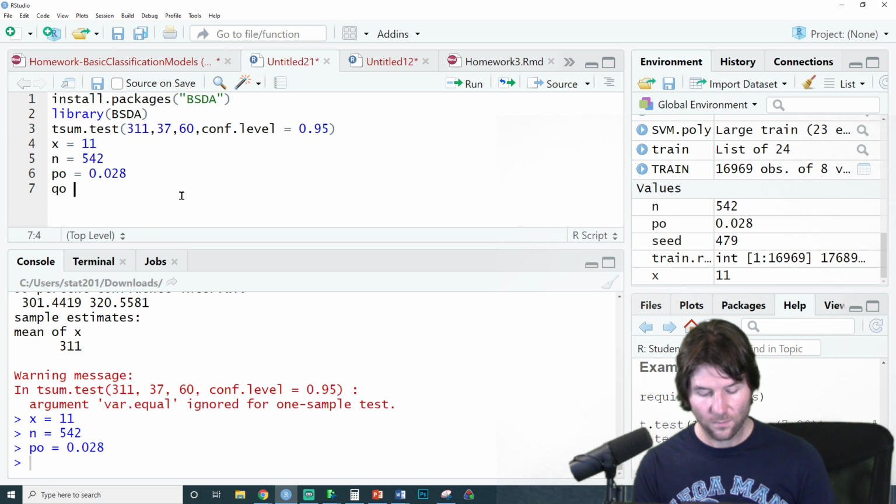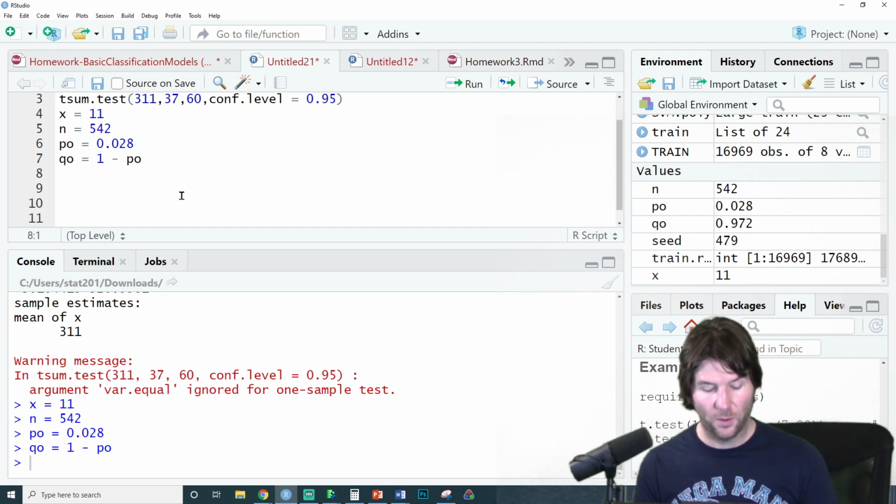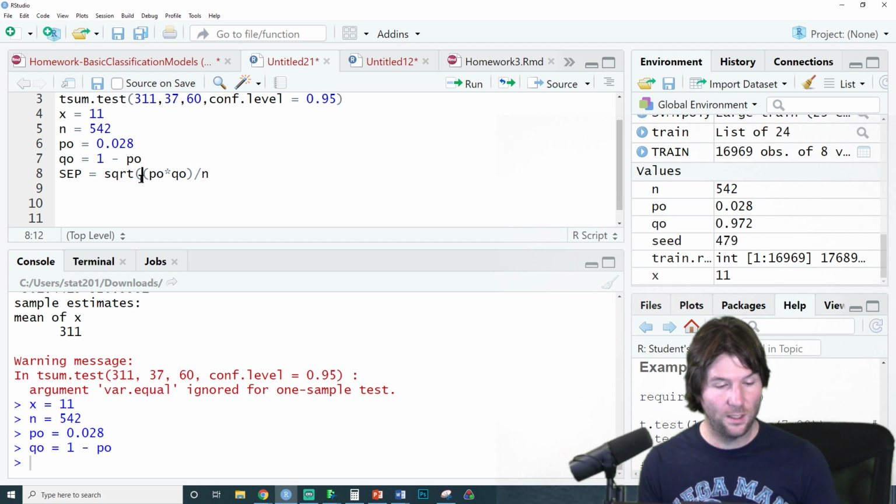Then Q naught is going to be 1 minus P naught. So we got Q naught, we got P naught. And then let's go here and do standard error of P. And that is going to equal P naught times Q naught over N, and then we square root this whole thing. So SQRT.